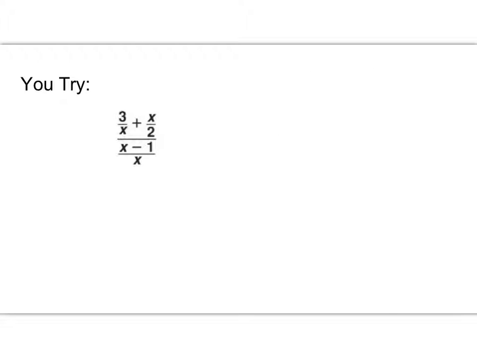Pause the video. Start it back up when you're ready to check your answer. Okay, hopefully you noticed up here that you needed to combine that before you could rewrite this as a division problem.